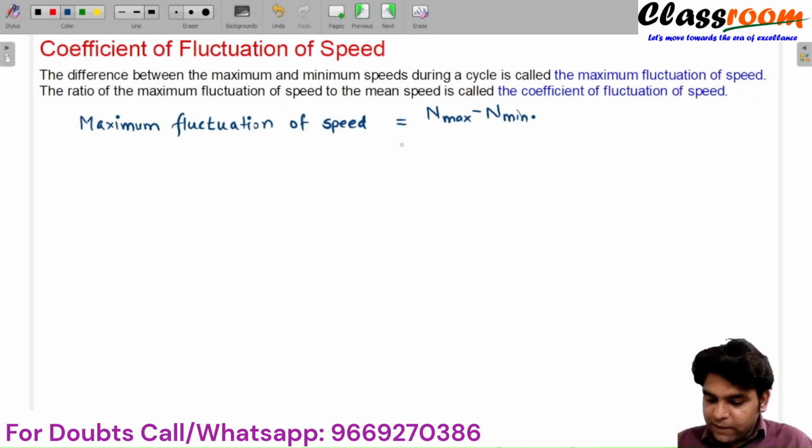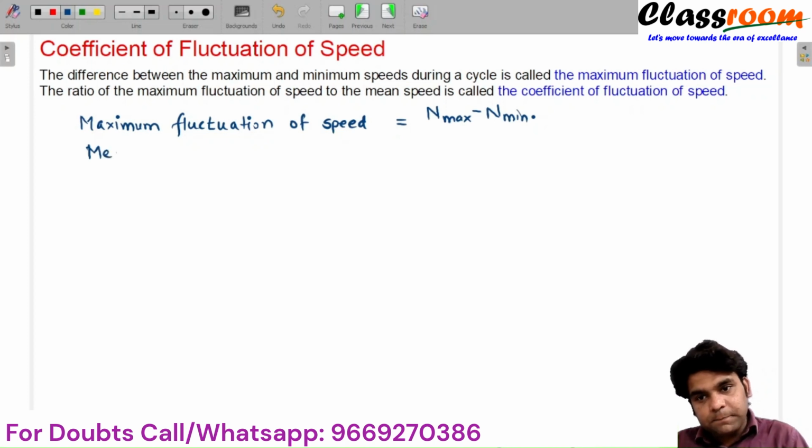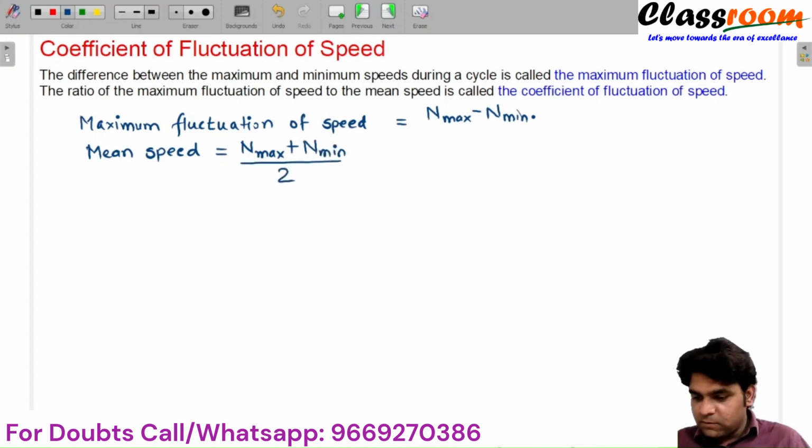The speed can also be expressed in radian per second, and the mean speed during a cycle is simply the average of these 2 values, maximum plus minimum by 2.